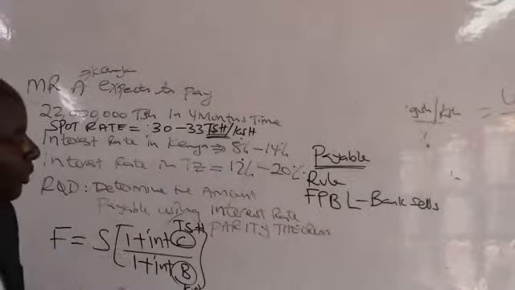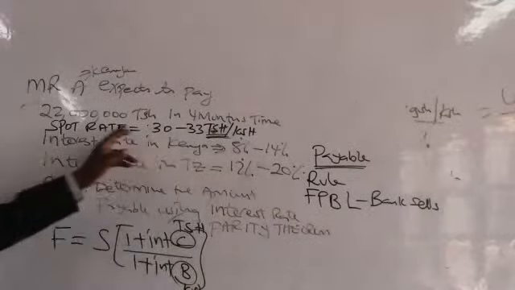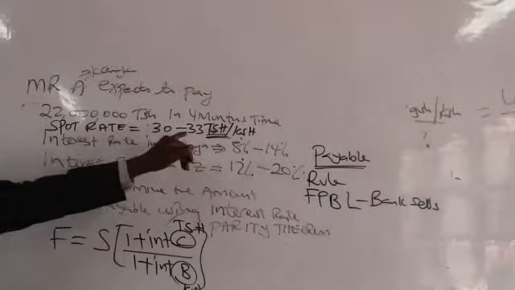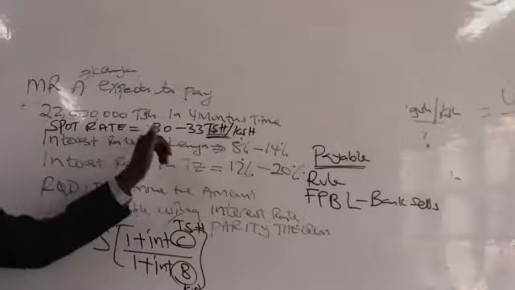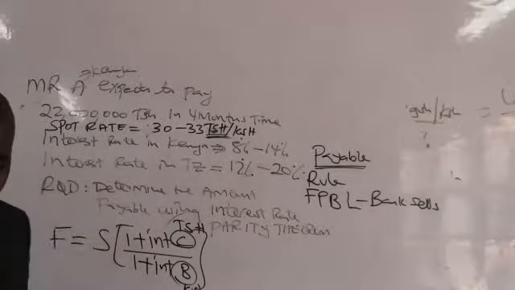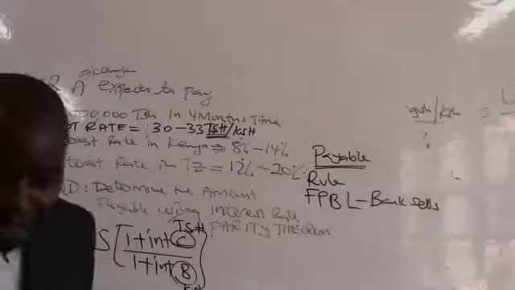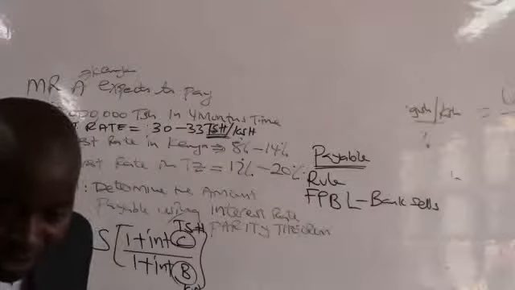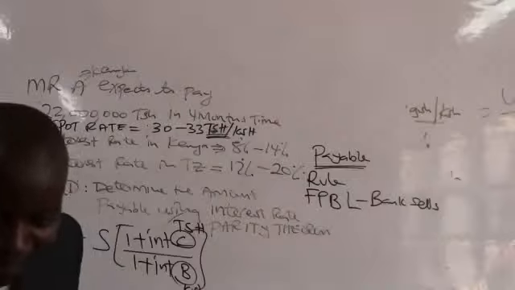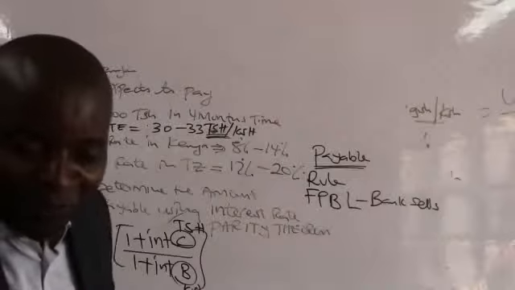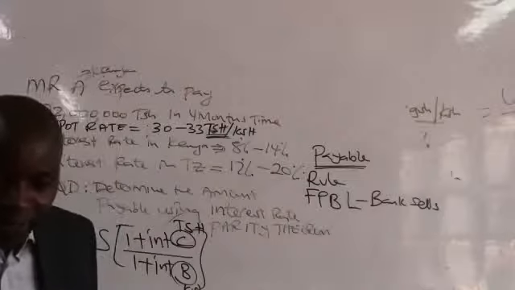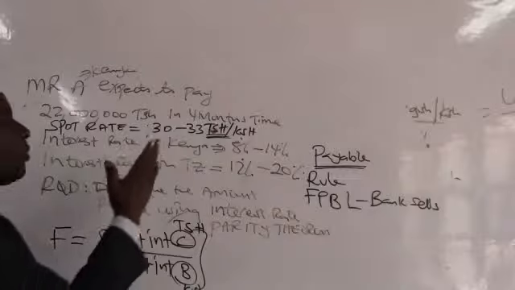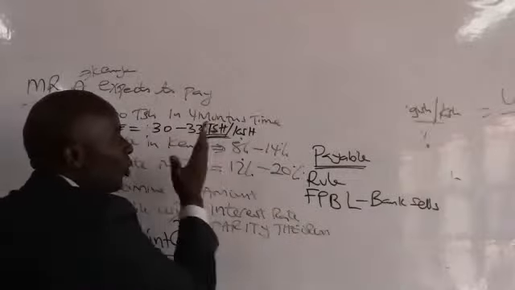Now, ladies and gentlemen, I would want you to pick from me here. Which one is the buy rate? The buying rate between the two, 30-33. What is the buying rate? Buying rate normally goes with the position of your home currency.